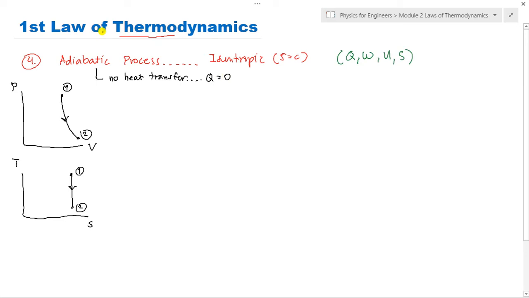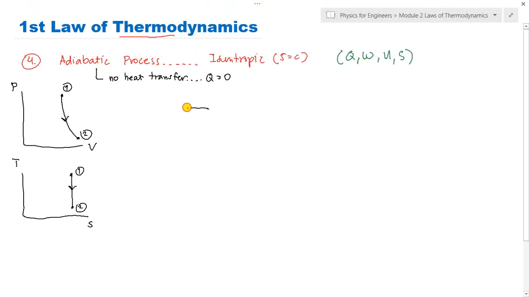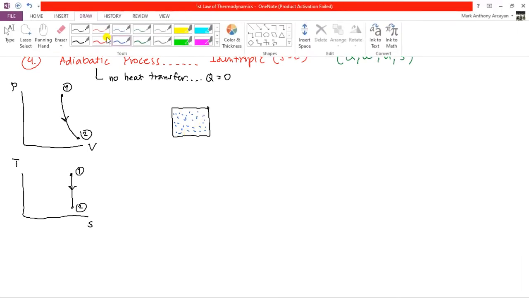Okay, if we have a system, let's say we have a system here. An example of an adiabatic process is, for a non-flow system, one that is properly insulated.